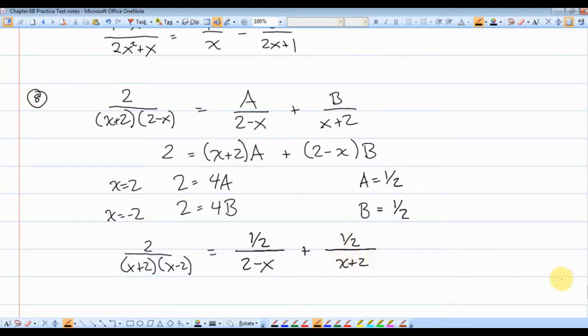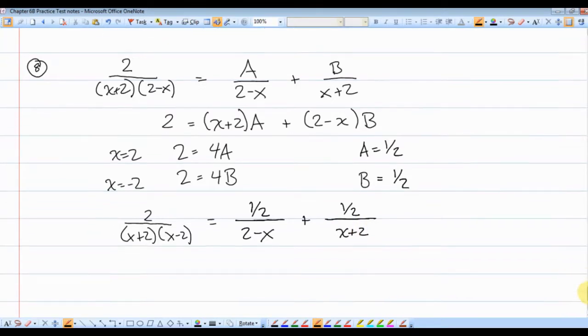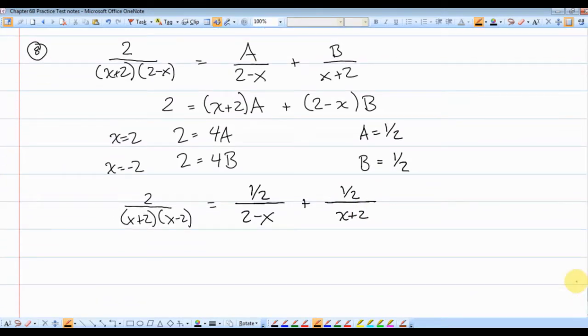Wait, is this supposed to be 2 minus x? Yeah, on the left side, x plus 2 and then 2 minus x. Oh, okay. That got me so confused. My bad. Alright, is that good?